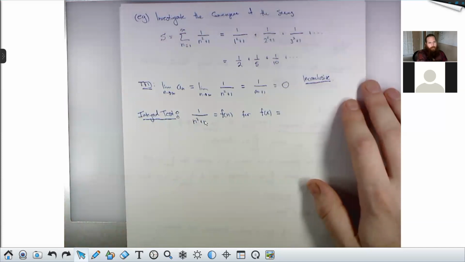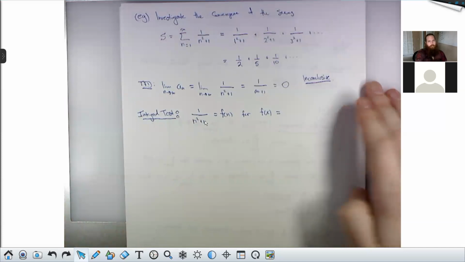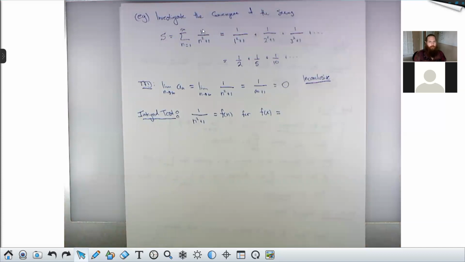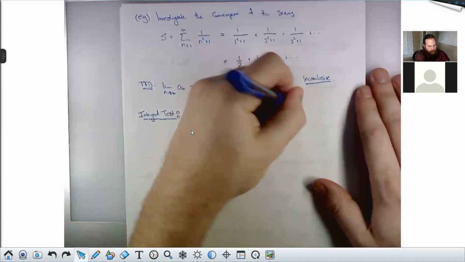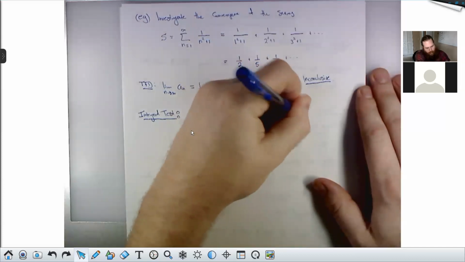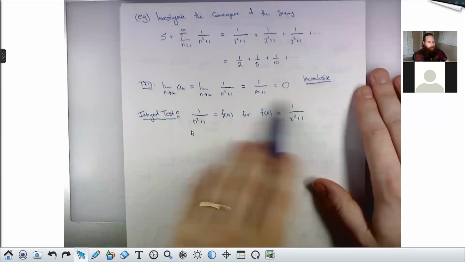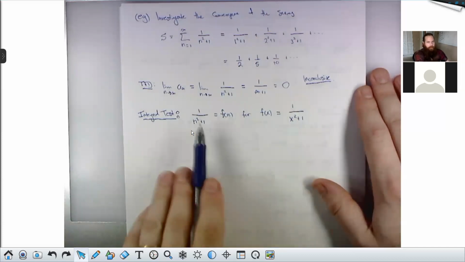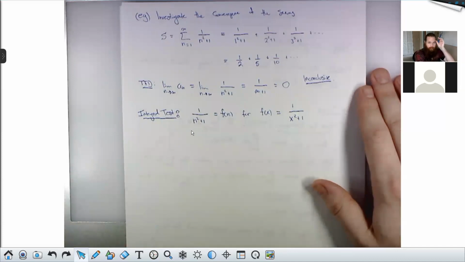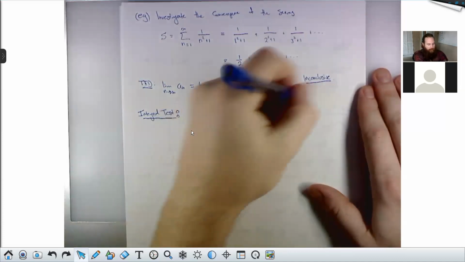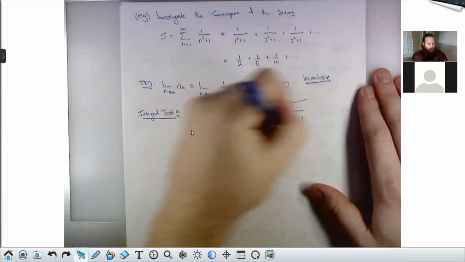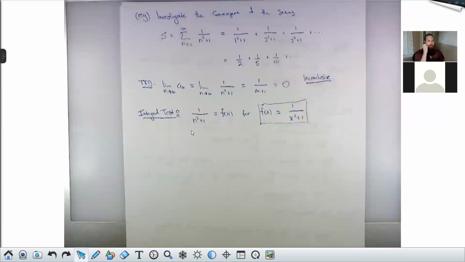Not quite 1 over x. 1 over x would be related to 1 over n. So you just swap the n's for x's, that's all. So 1 over x squared plus 1. If I only plug whole numbers into this, then I get this. So my function here, f(x), is 1 over x squared plus 1. You just swap the n's for x's. That's all.